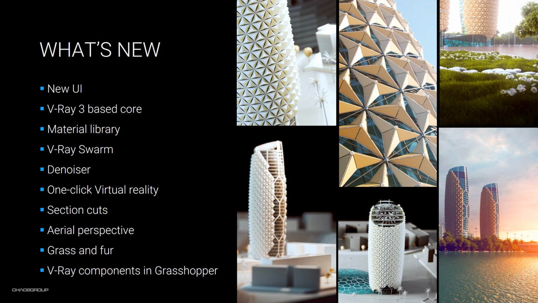A one-click solution for V-Ray output. Clipper to do section cuts without altering the actual geometry. Aerial perspective effect to add depth to your image with realistic-looking atmospheric effect. Grass and fur to create realistic grass, fabrics or carpets, and V-Ray components in Grasshopper, which allow you to render a Grasshopper definition directly without baking.